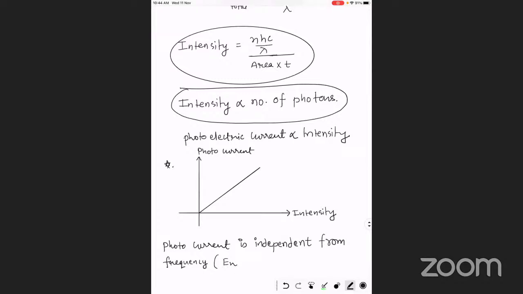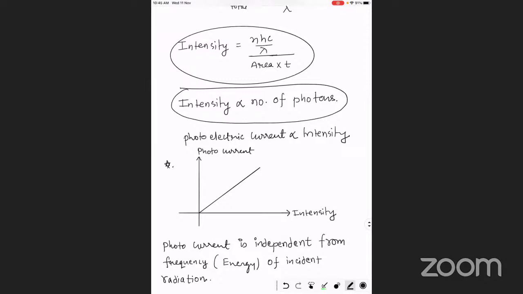That is, frequency means energy of incident radiation, because if you increase frequency of incident radiation, you are increasing energy of incident radiation. Understood, children? Any doubt till this? Yes.